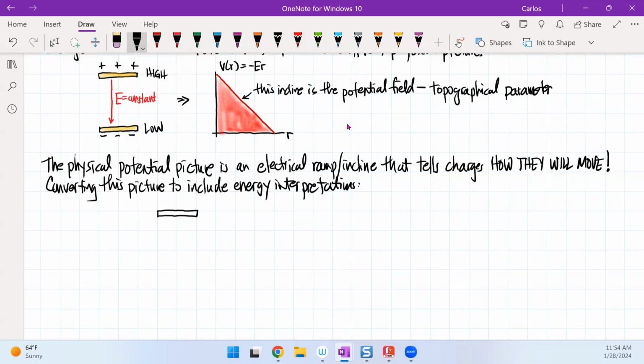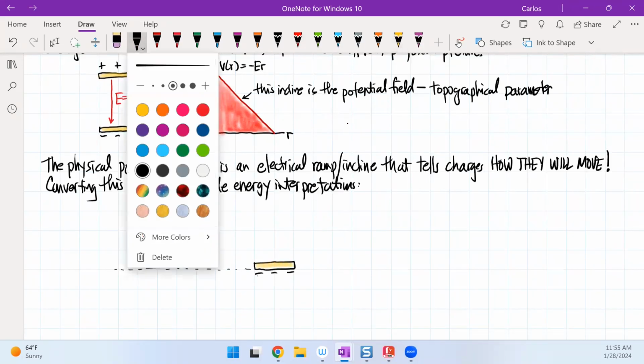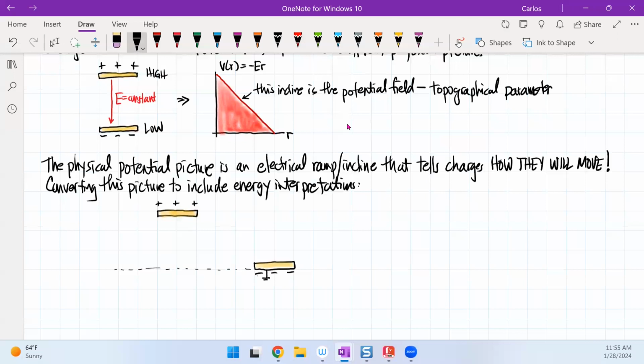And then I have a second plate, which is right here. So this is my positive plate, this is my negative plate, and this is what I'm going to call the ground, right? We call this the ground because we are defining V equal to 0 here.